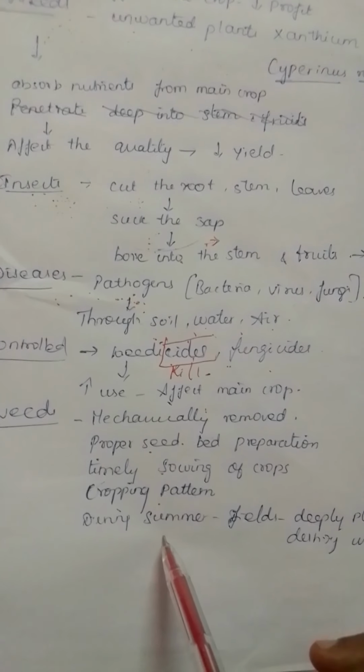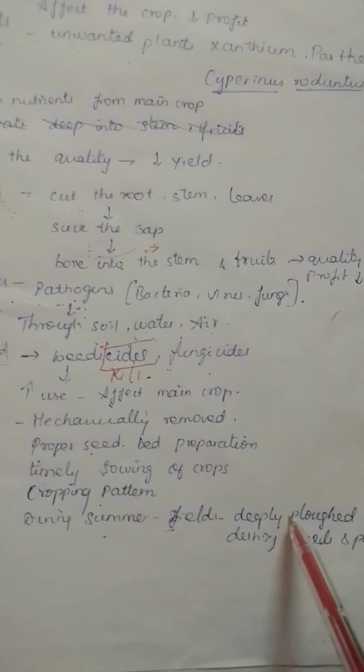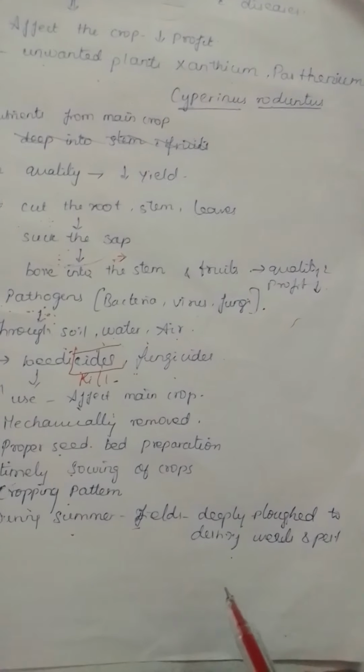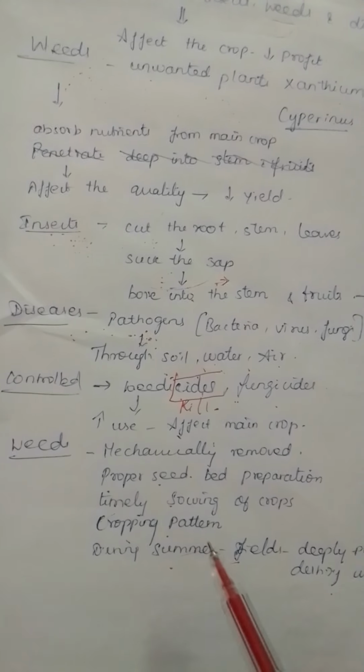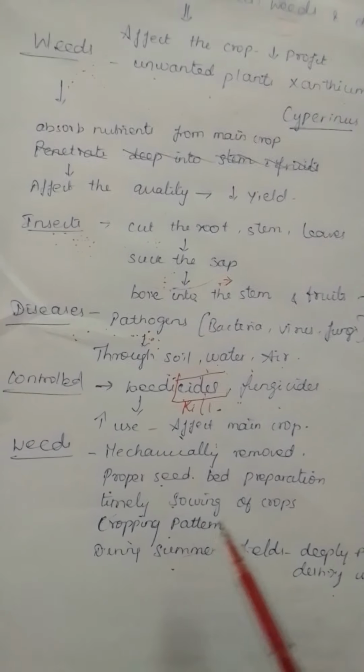If it is summer season, the field should be deeply plowed, which will destroy the growth of the weeds and pests. So all these are control measures to avoid or control the growth of weeds and pests, right?